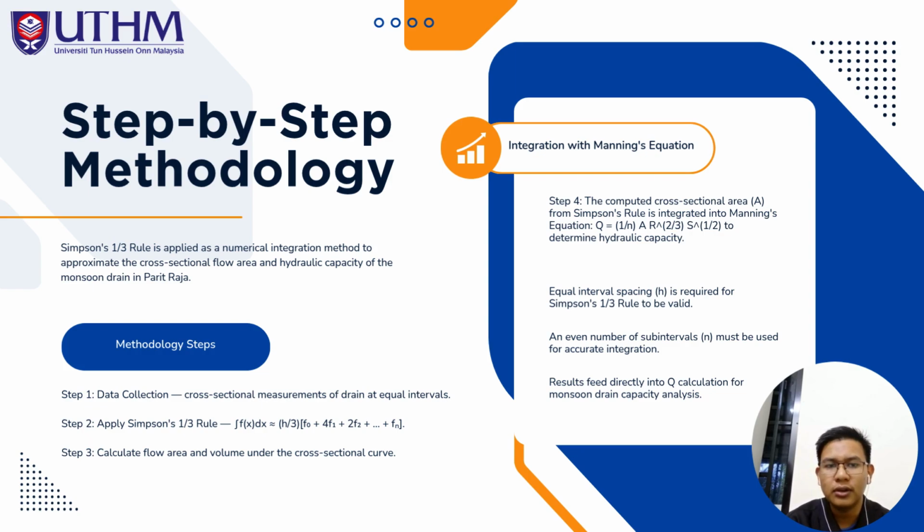Using an even number of intervals is a strict requirement for Simpson's 1/3 rule. Third, we evaluate the numerical integration. By Simpson's 1/3 rule, we calculate that the total cross-sectional area of the water is exactly 3.84 square meters.